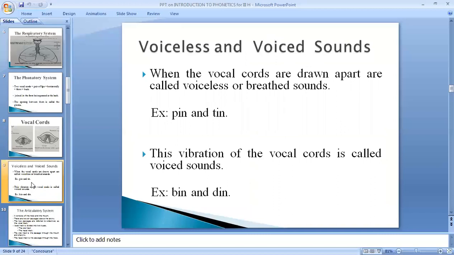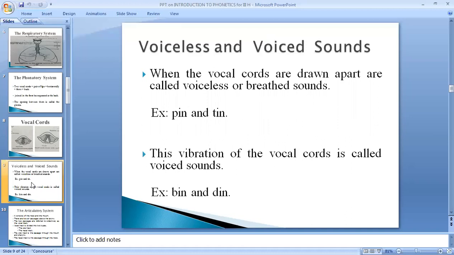When we breathe in and out, the glottis is open. This is the position for breath. The sounds produced when the vocal cords are drawn apart are called voiceless sounds. What is a voiceless sound?